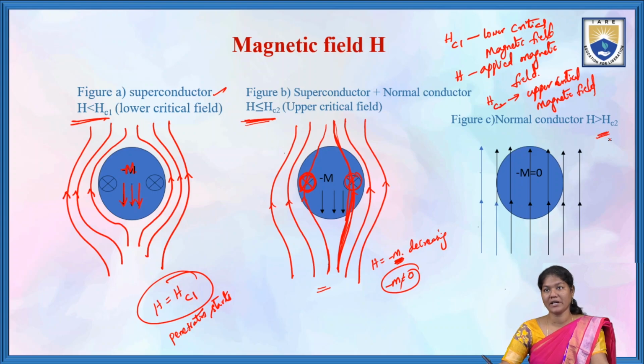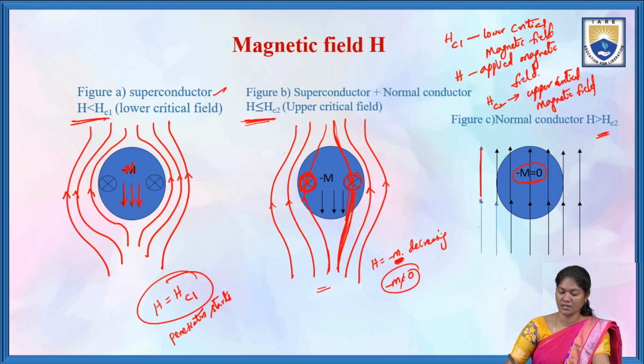When coming to figure C, normal conductor, H is greater than Hc2. That is, the applied magnetic field is greater than the upper critical magnetic field. The opposing magnetization is equal to 0, so the magnetic lines can pass through the superconductor.